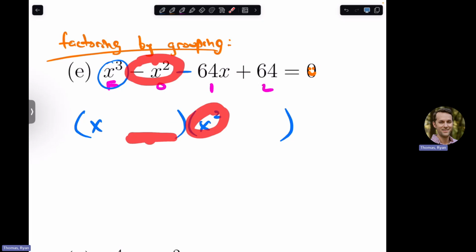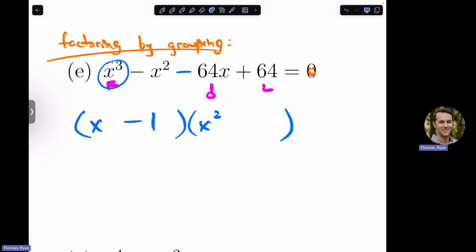So what could I put here to make that dream come true? Minus 1. So I've made my outer and inner swap order, but that's okay. I want this to be negative 64x. I've got an x already. So what needs to go here? Minus 64. And does that do the right thing for the last part? Negative 1 times negative 64? Yeah, 64.